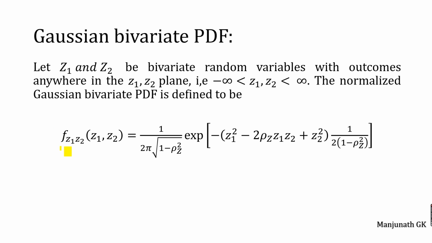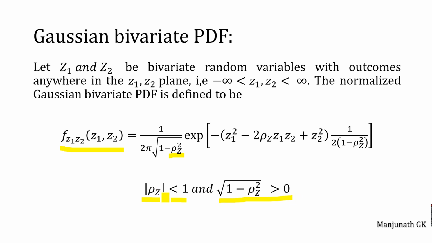This term indicates the Gaussian bivariate probability density function, and it is defined here. This rho z is called the correlation coefficient. z1 and z2 are the independent variables, and this holds good under these two conditions.